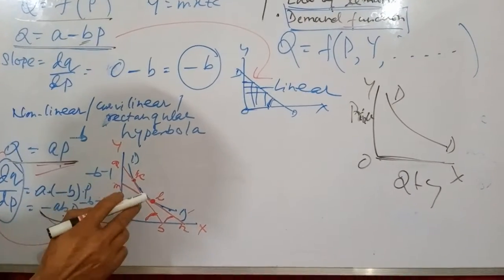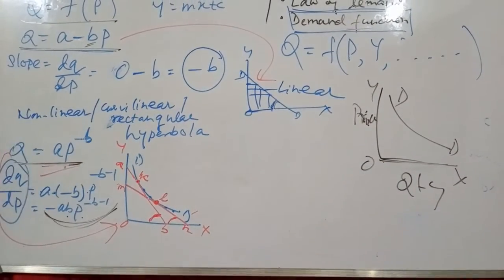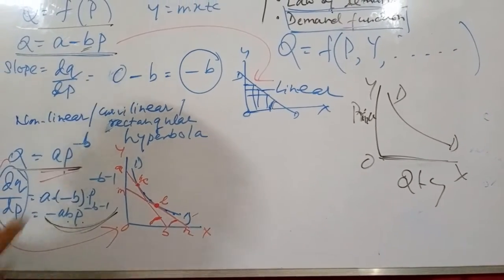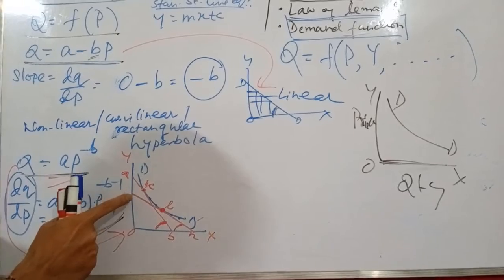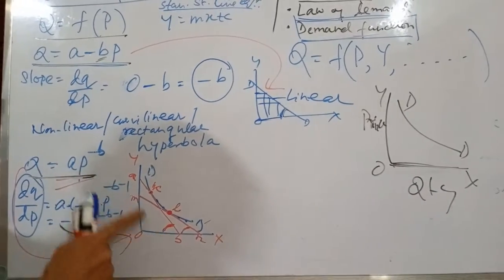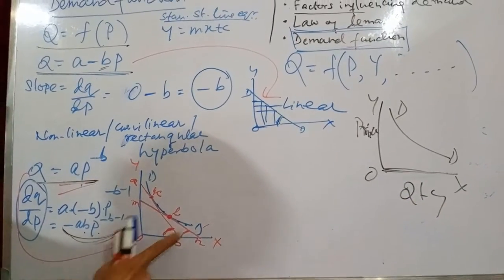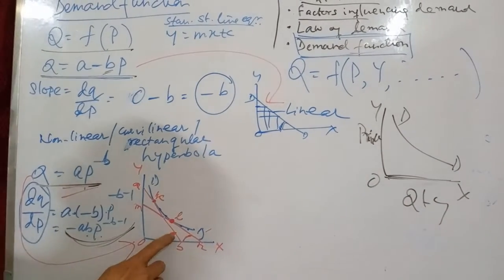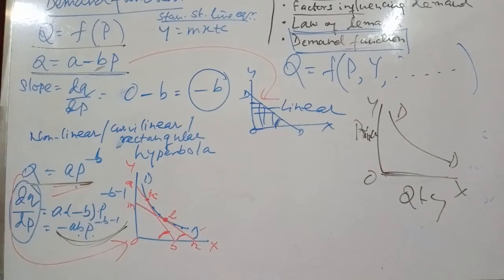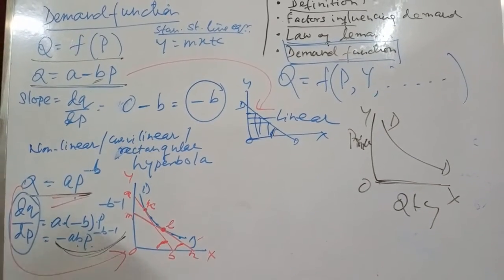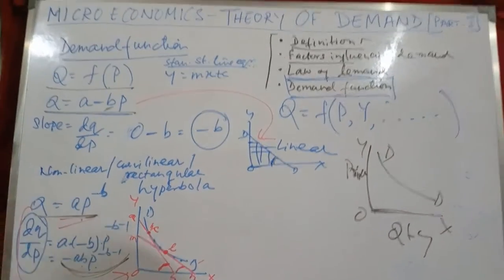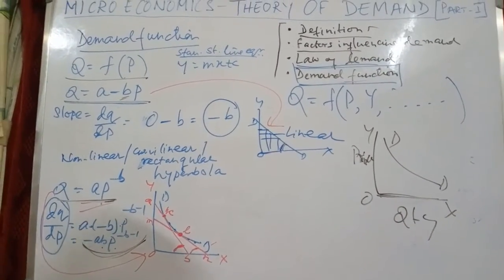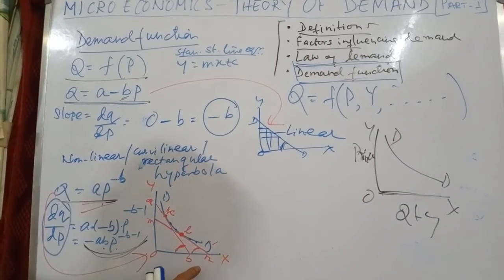What we see in this non-linear demand curve, K and L are 2 points on the non-linear demand curve. The slope of the demand curve at point K is the slope of the line AB, which is tangent to the demand curve at point K. That is tan of this angle, tan of angle B. And the slope of the demand curve at point L is the slope of the tangent MN.